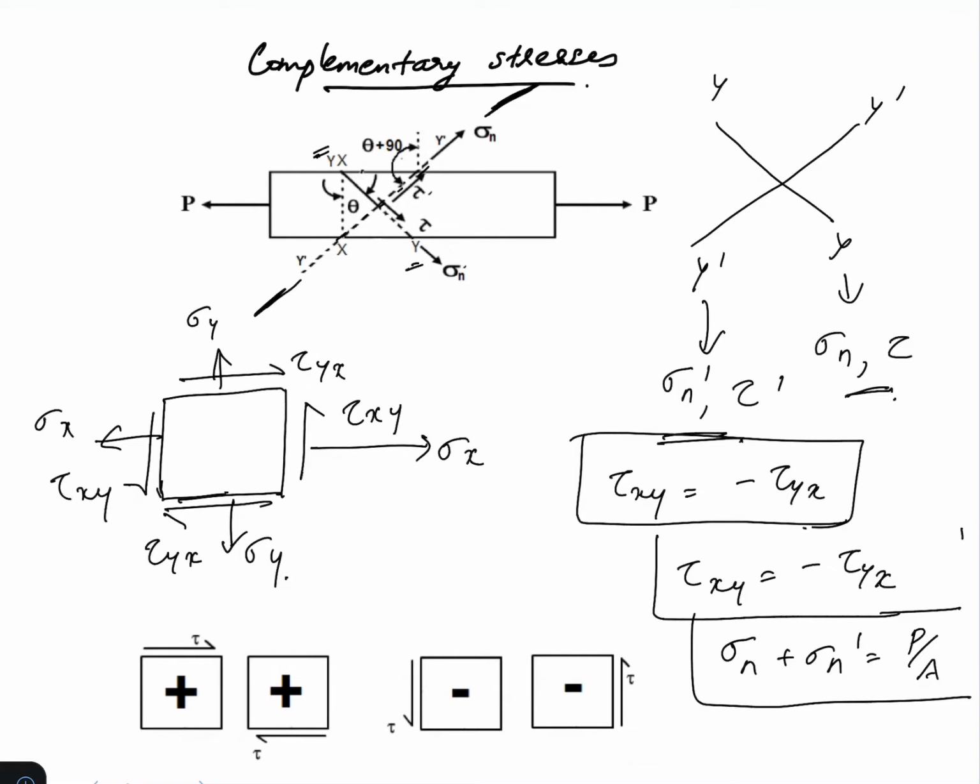This we have concluded. The direction we have also understood: if the shear from the center creates a clockwise moment, it is taken as positive, and if it acts in the anti-clockwise direction, it is taken as negative. Okay, that is regarding complementary stresses.